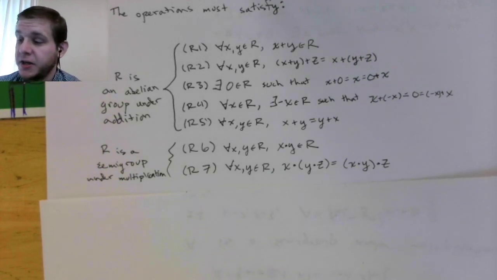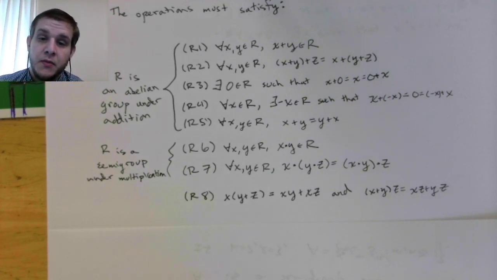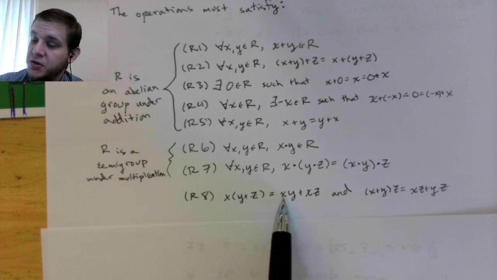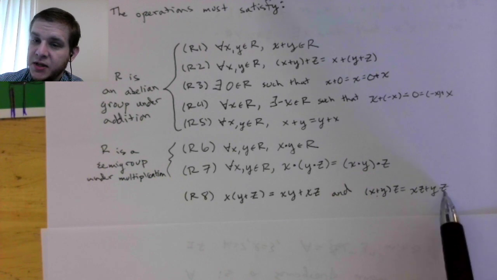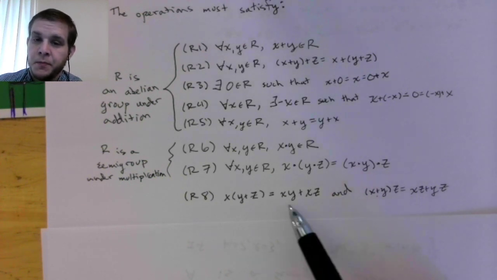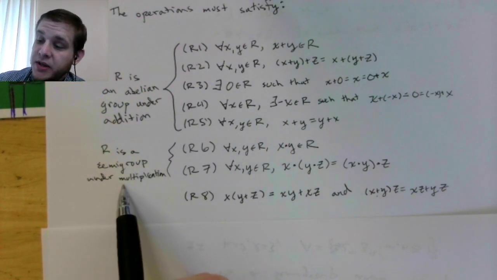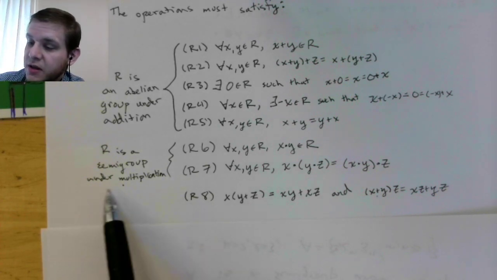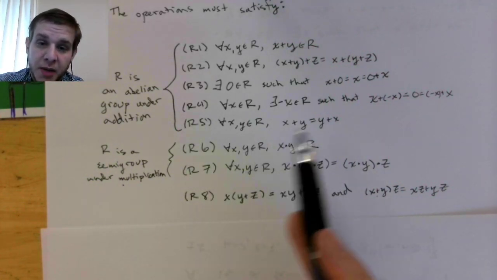And the key ways in which they interact are the distributive properties. So if I multiply x times the addition of two things, I can distribute x on the left. And if I multiply z on the right, I distribute z on the right. And it's important that we have both of these because I'm not assuming that the multiplication is abelian, right? x times y may not equal y times x.